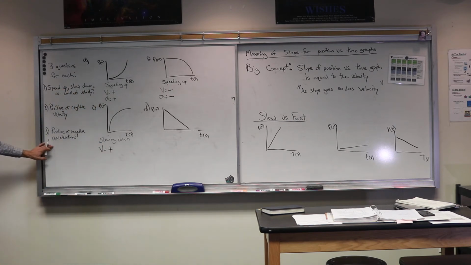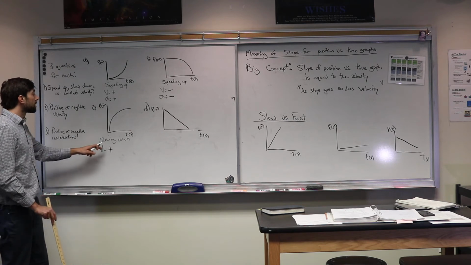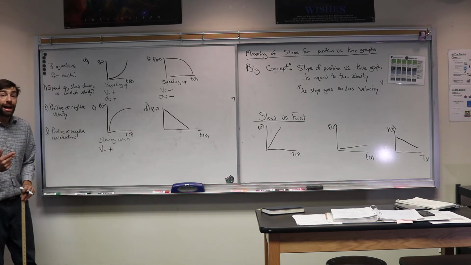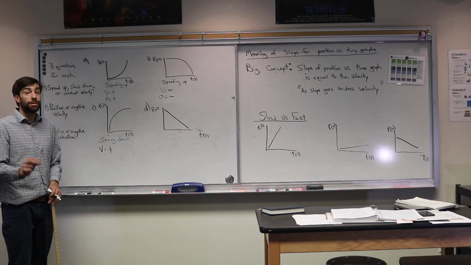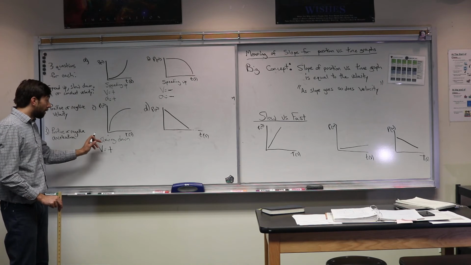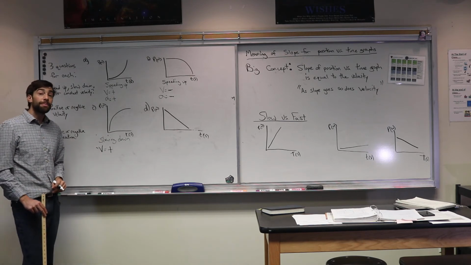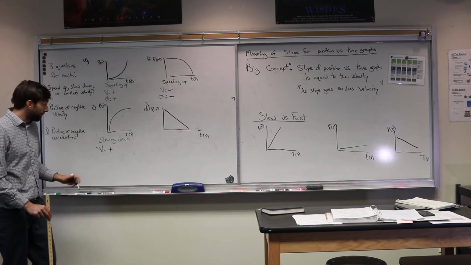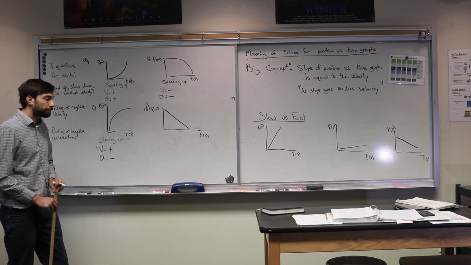Now, do we have positive or negative acceleration? Well, if we remember back, whenever we're slowing down, our velocity and acceleration will point in opposite directions. We know we have a positive velocity, but because we're slowing down, acceleration points in the opposite direction. My acceleration is going to be negative.